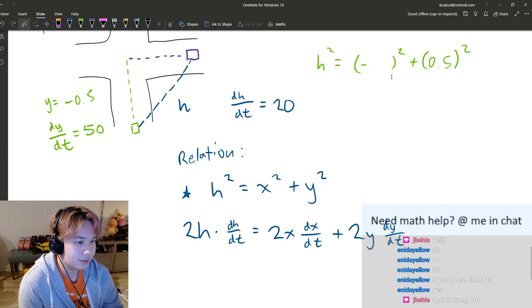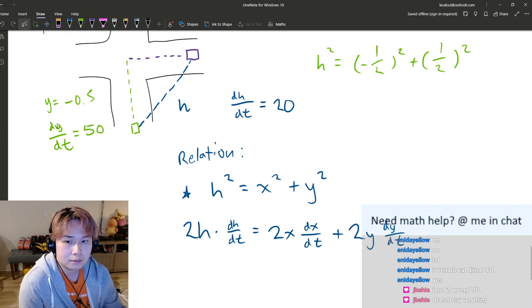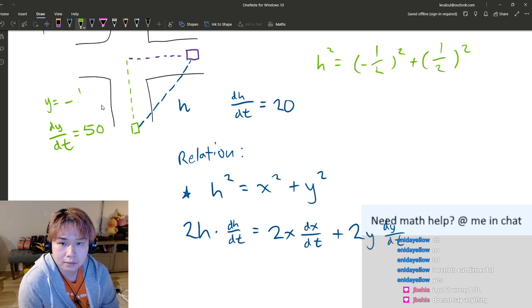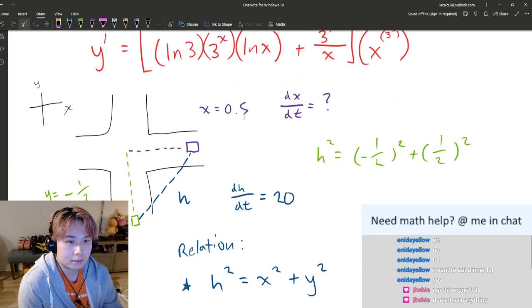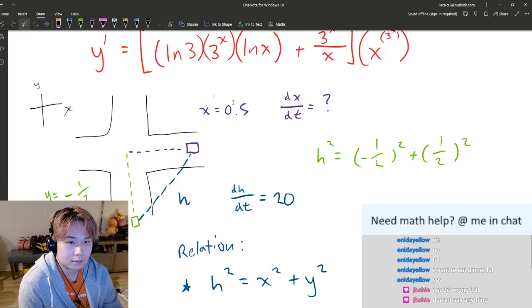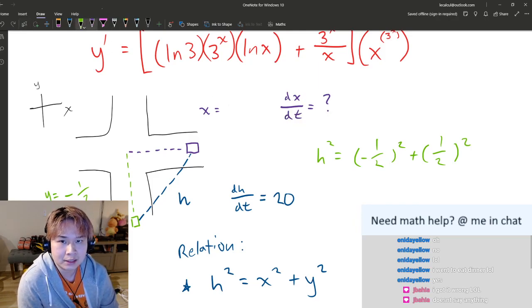Oh, I guess I shouldn't have used 0.5 because they literally said half. Okay, well let's just change these to half because maybe it wants an exact answer.